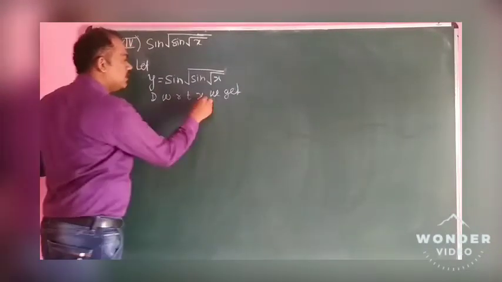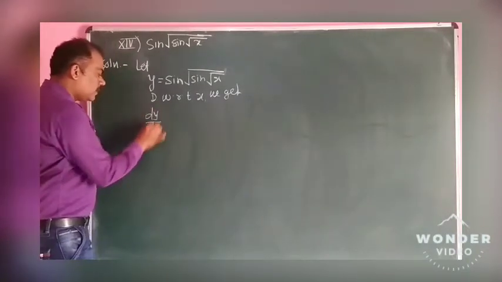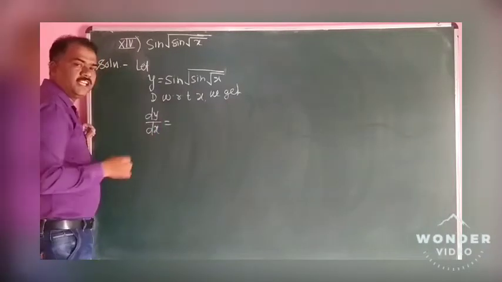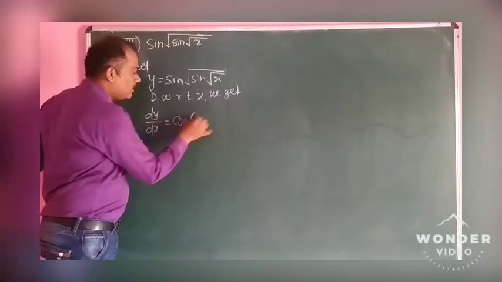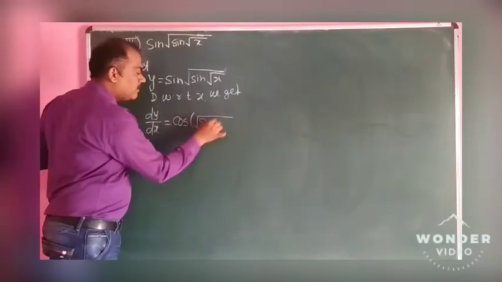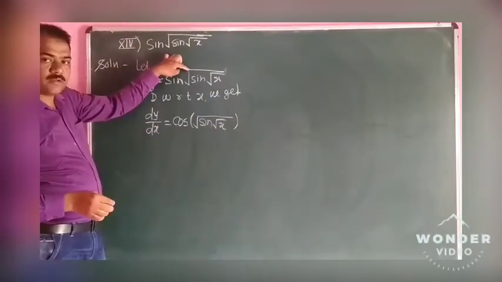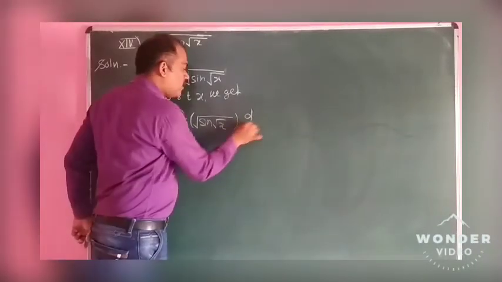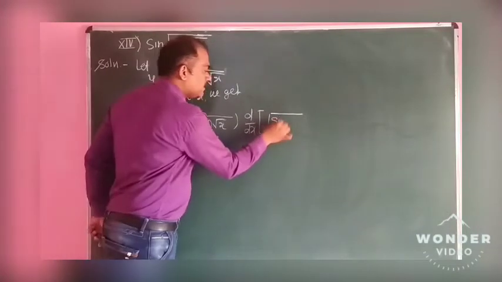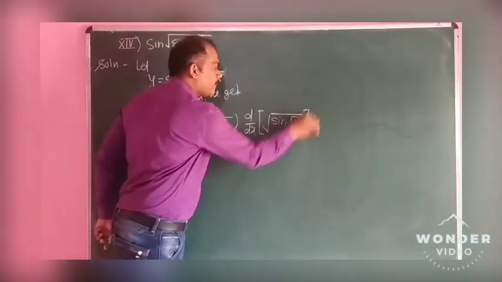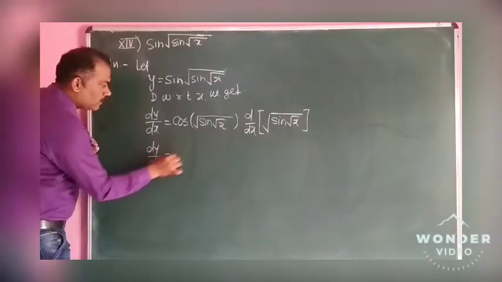We get the differentiation of y with respect to x, dy by dx, is equal to, first we take the derivative of this sine. What is the derivative of sine? Cos of root of sine of root x, into d/dx of root of sine of root x.